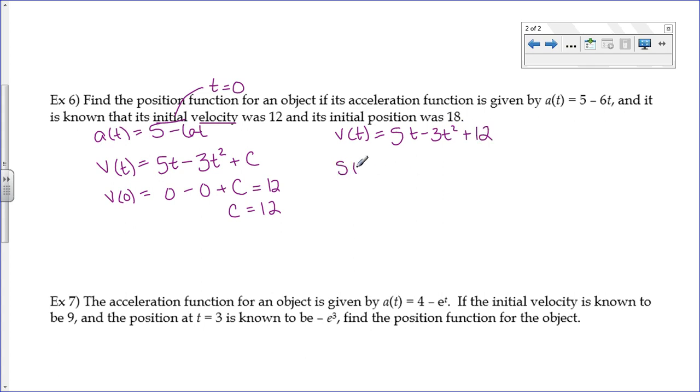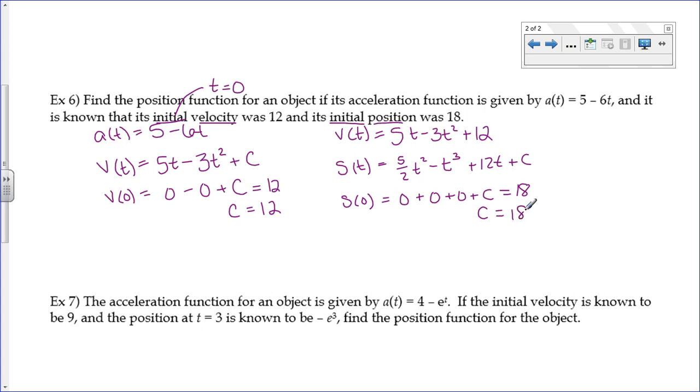So then my position function is the antiderivative of that, which is going to be 5 halves t squared minus t cubed plus 12t plus c. Initial position is 18. That means s of 0 is 18. So 0, 0, 0 plus c is 18.